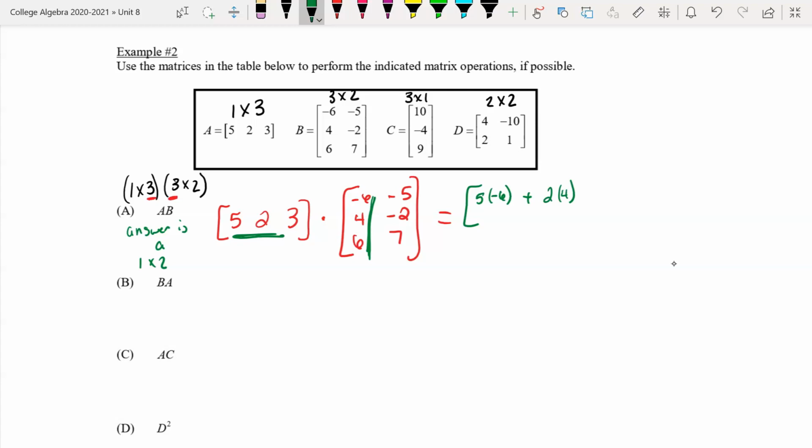Do you see how I took the first number times the first number, and the second number times the second number, plus 3 times the third number. So third number, and you add those together to get your first number. So this is negative 30 plus 8 plus 18, which is 26 plus negative 30, which should be a negative 4.